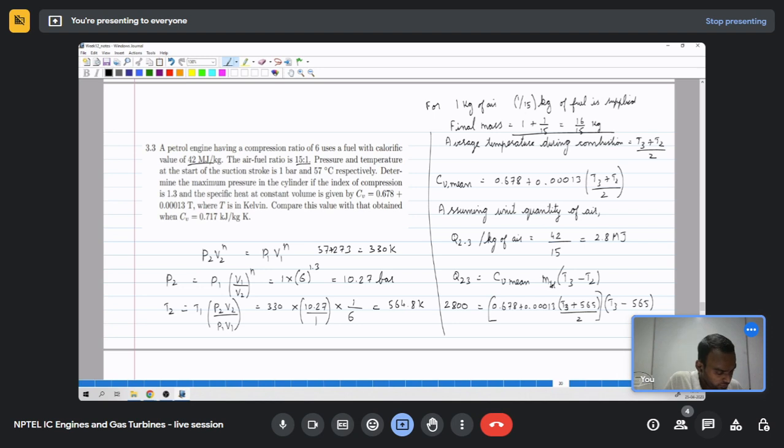So we will have this mass term here, and then that is 16 by 15.